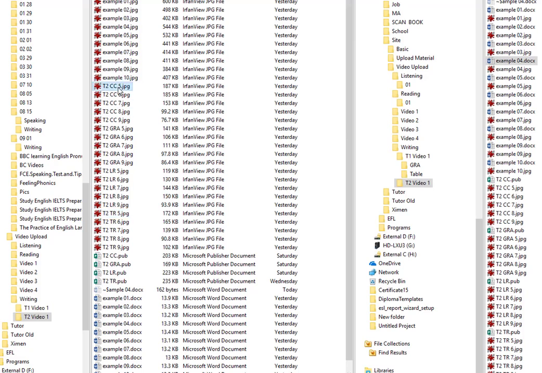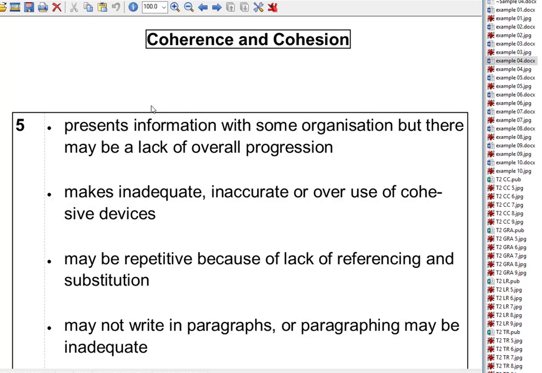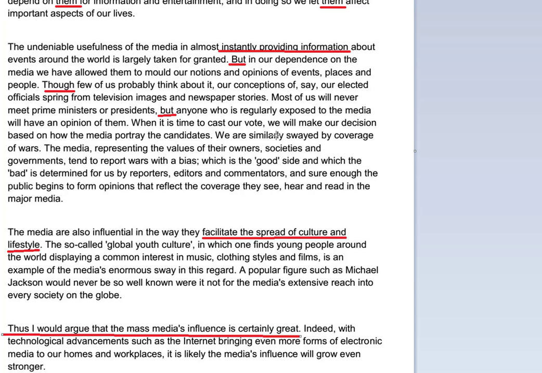Let's look at this. Paragraphing may be inadequate. Well, I feel it's true for this paragraph here. The topics are not in their own paragraph.